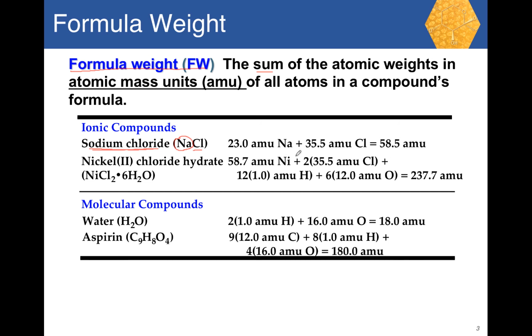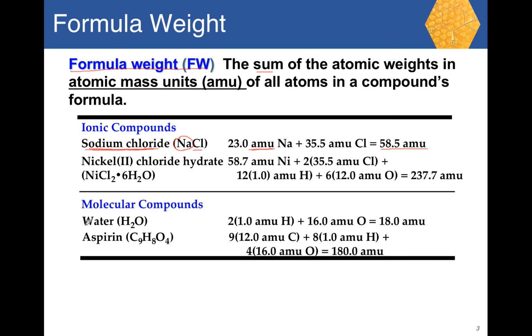Notice the units here. It's AMU, or atomic mass units. As you may recall from the previous lecture, these atoms are so light that we do not use grams. So we have a different unit for them, and we say it's the atomic mass unit. So the formula weight of sodium chloride is 58.5 AMUs.